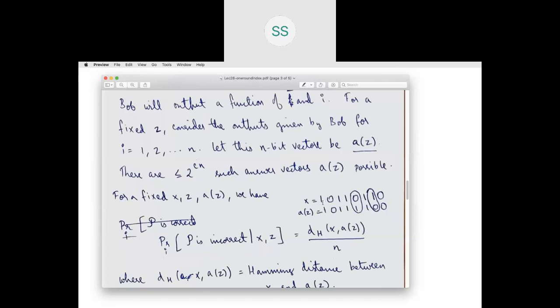So let's say X was this, the top row 1 0 1 1 0 0 0 1 1 0, and once you fix a Z, the AZ is also fixed. AZ means that for a fixed Z, if I is 1, Bob will output 1. If I is 2, Bob will output 0. If I is 3, Bob will output 1, and so on. Notice that there are two positions where Bob's output differs from Alice's.